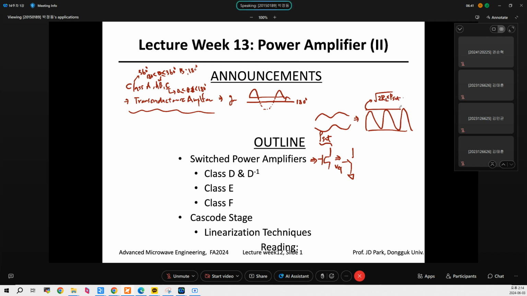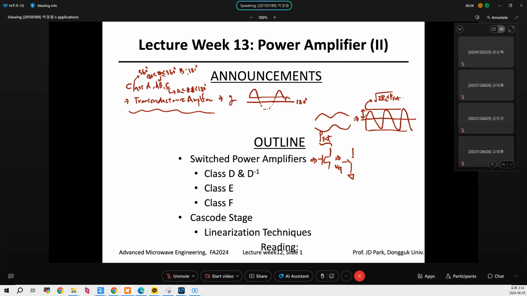It does not change the magnitude. That's the main difference between the transconductance amplifier and this switch mode power amplifier.